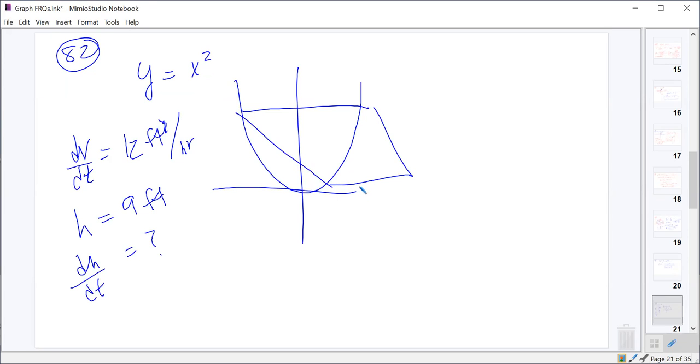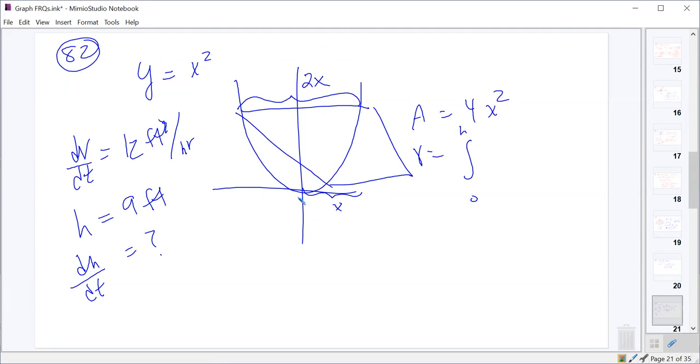This distance over ought to be x, which means that this length here ought to be 2x, which means that the area of the cross section ought to be 4x squared, which means that the volume ought to be the integral from 0 to whatever height we're getting to up here.